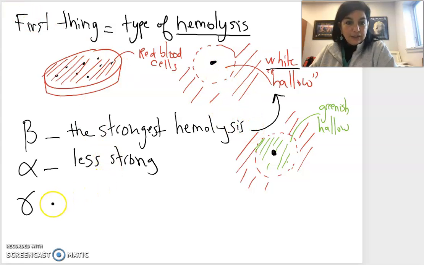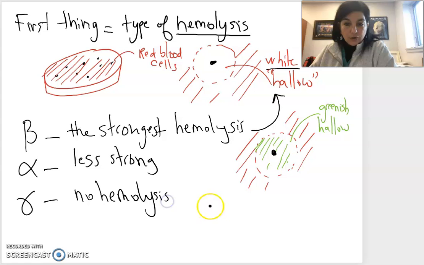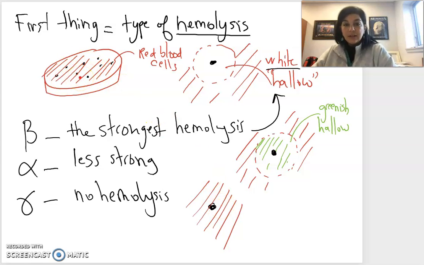And then finally, gamma is no hemolysis. So we would see the strep cells completely surrounded with red blood cells on the surface of that red plate. So first we have to establish if our mystery strep is beta, alpha, or gamma.